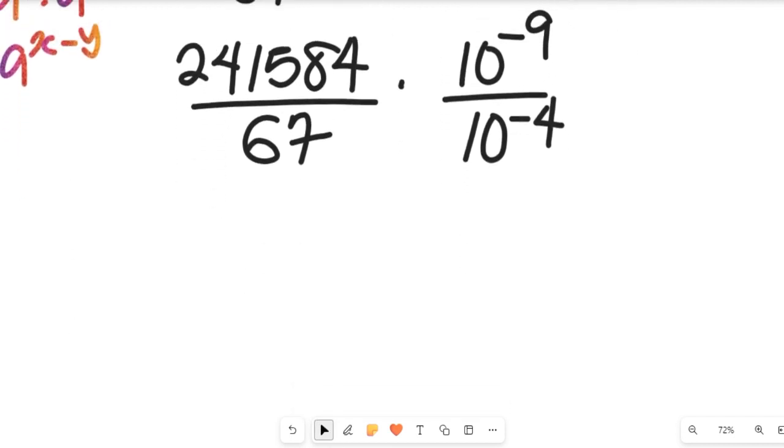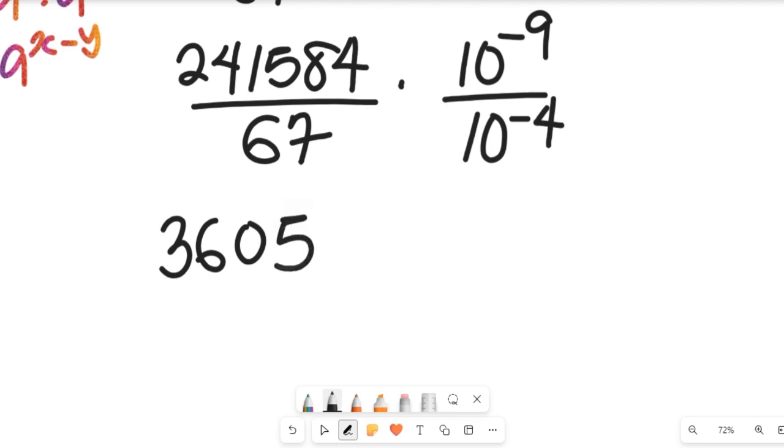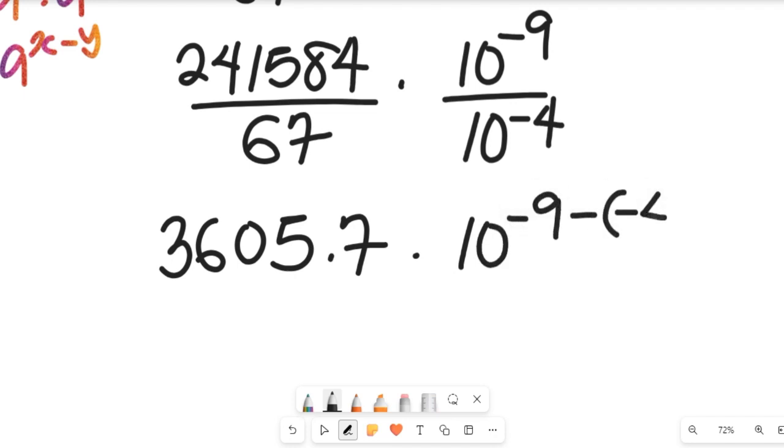If we simplify this, we are going to have this divided by this give us 3605.7 multiplied by, remember the division law of indices, 10 to the power of minus 9 minus bracket minus 4, and this is going to give us our solution.